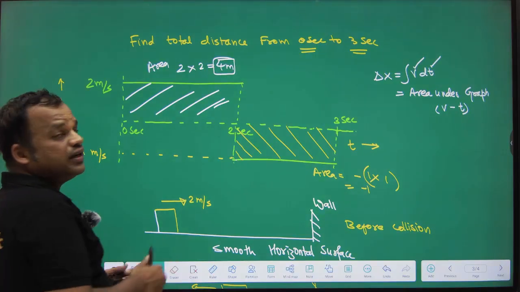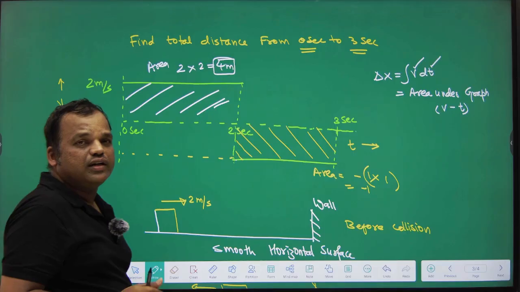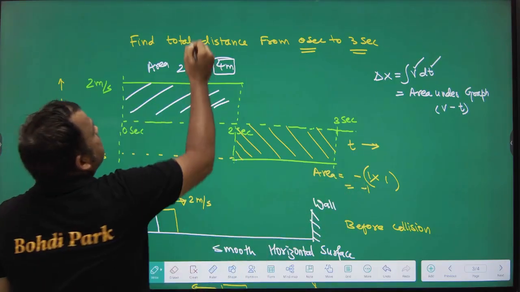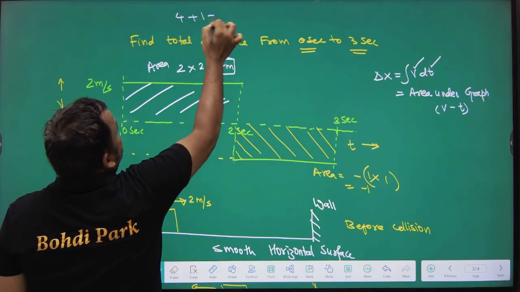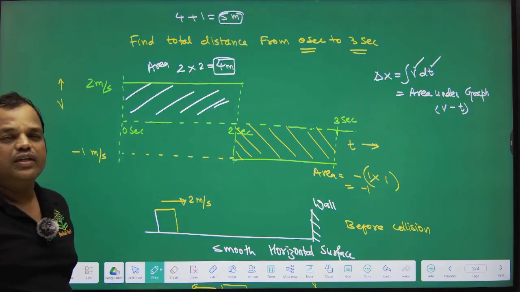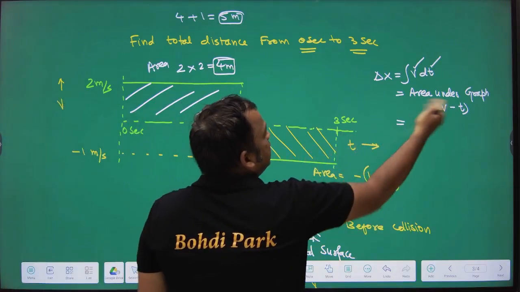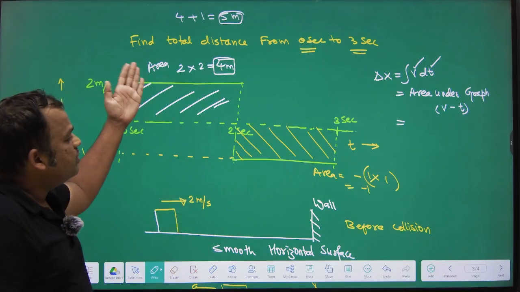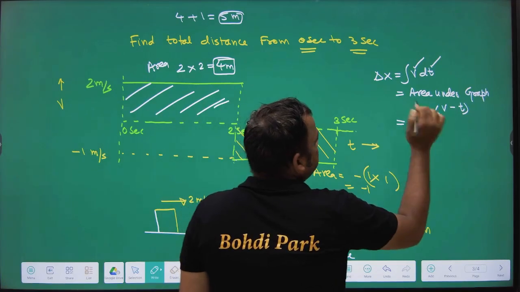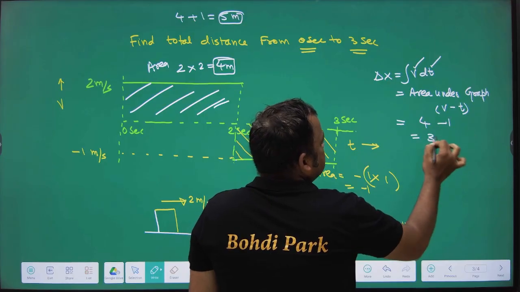So how far it has traveled in the positive direction? 4 meter. How far it has traveled in the negative direction? 1 meter. So the distance will be 4 plus 1, so that is 5 meter. Distance is 5 meter. If they ask total displacement, then total displacement will be area under the graph. Take positive area and negative area and add. Positive area is plus 4 and negative area is -1. So 3 meter.